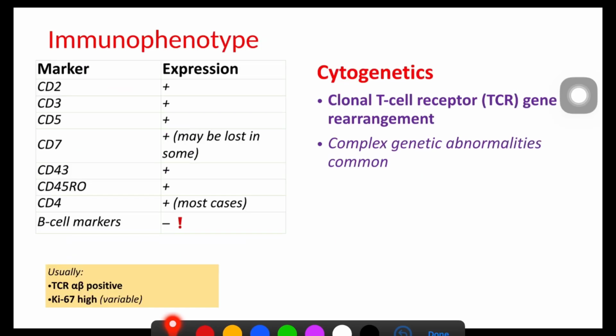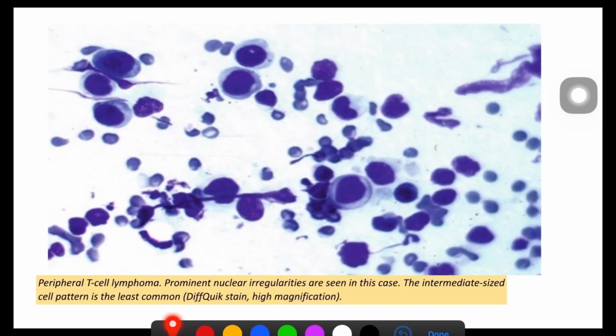And if we see immunophenotype, CD2, 3, 5 and CD7 positive, but CD7 may be lost in some. CD43, CD4, CD45RO is positive, B cell markers are absent. So it is TCR alpha beta positive and Ki67 high, where cytogenetically there is clonal T cell receptor gene rearrangement and complex genetic abnormalities are common.